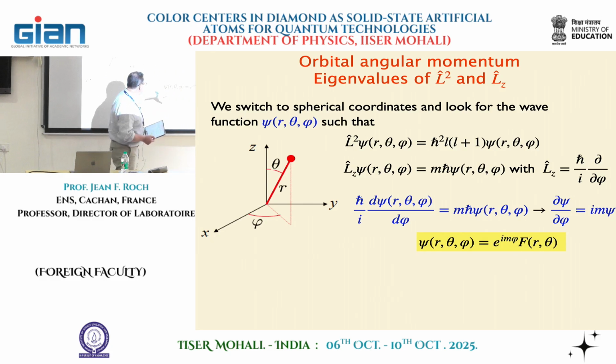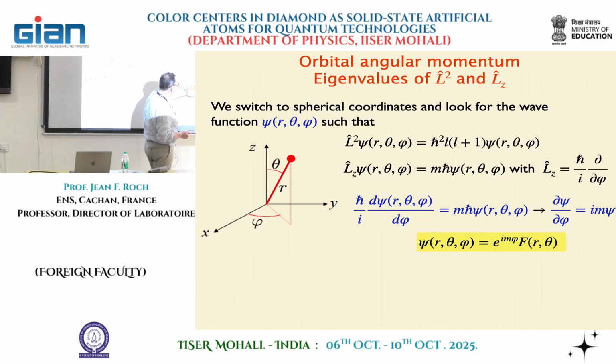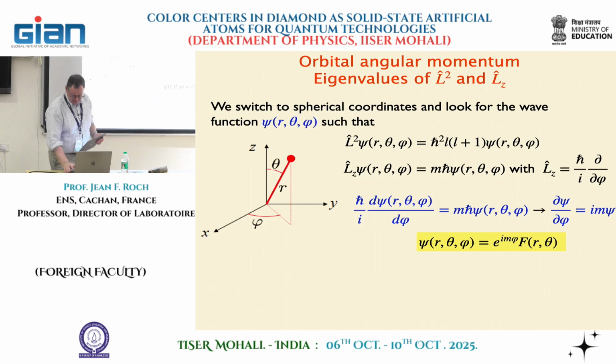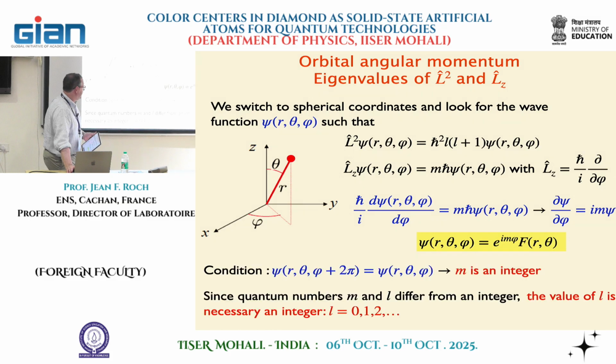So I have this very simple formula that tells me that the wave function associated to the orbital angular momentum L is simply e to the power i m phi, the azimuthal angle, times a function that depends only on r, the distance to the origin, and the polar angle theta. So I have decoupled the radial and angular dependence.